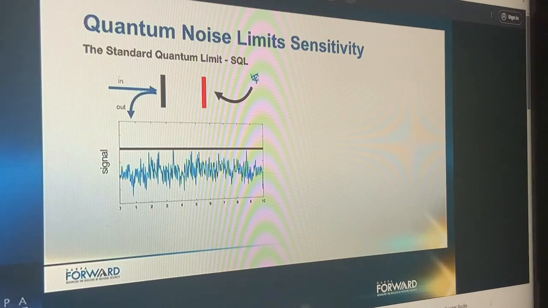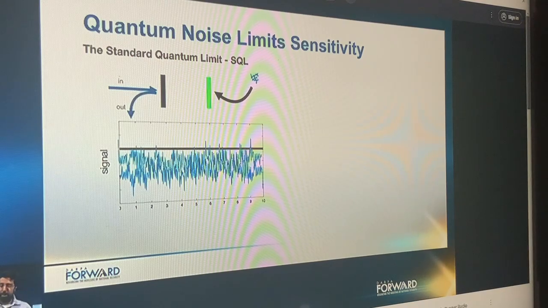And now if something causes this red thing to move, it could be a gravitational wave, it could be you picking up your phone, or it could be a protein landing on a mechanical system. That red block moves, and now when I try to detect its position, I get a slightly shifted signal. And as you can see, you can see something that's happened, but the noise there hampers your ability to really understand what's going on.